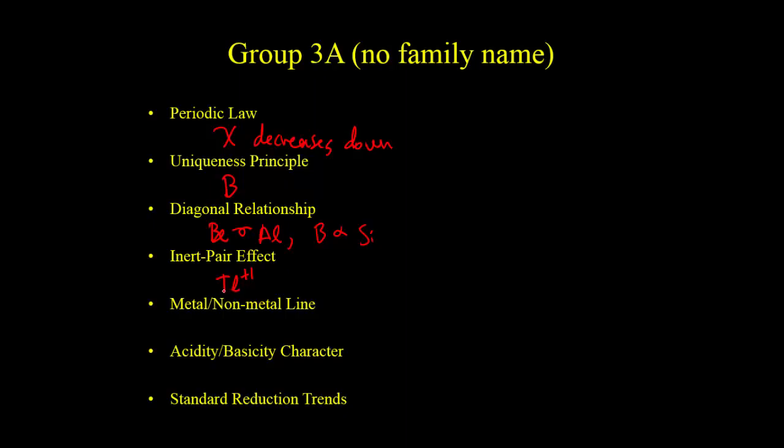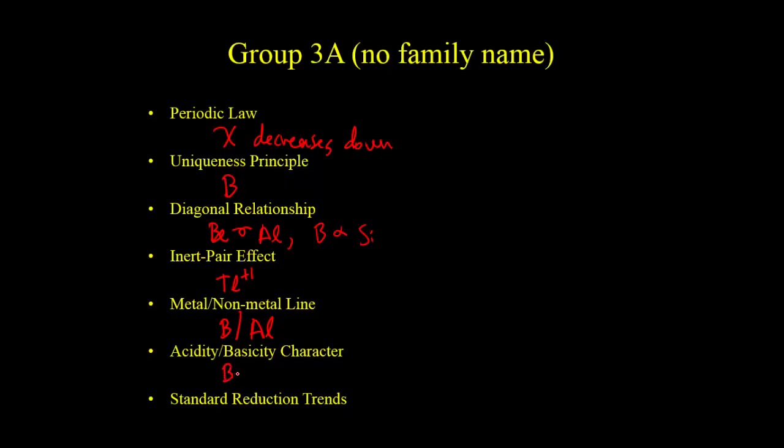You would expect the charge on these elements to be +3 because they're group 3. When we get to thallium, we'll see that +1 is the most important oxidation state. The metal-non-metal line on the periodic table goes right through this group, and of course, that's going to affect the chemistry. It's this acidity, basicity character.